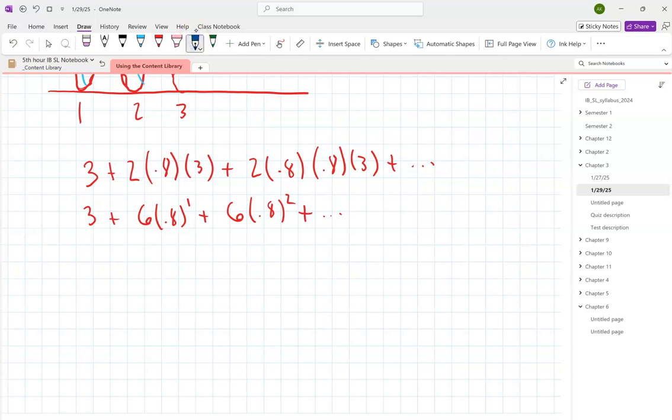So if I just consider this part, that looks geometric, where we're multiplying by 0.8. Is everybody okay there?